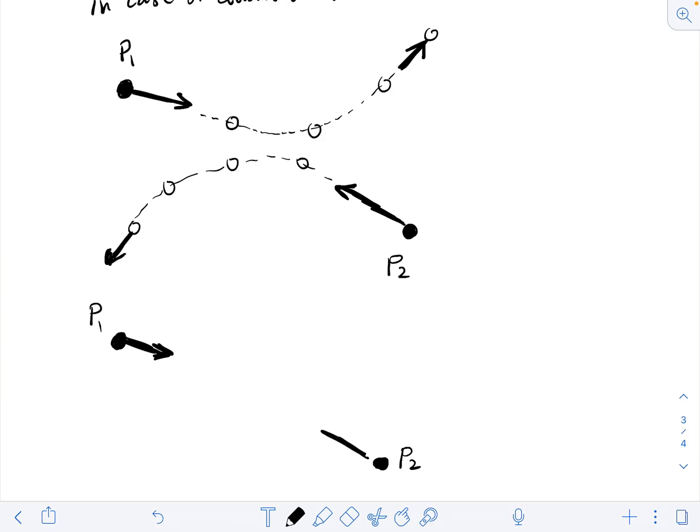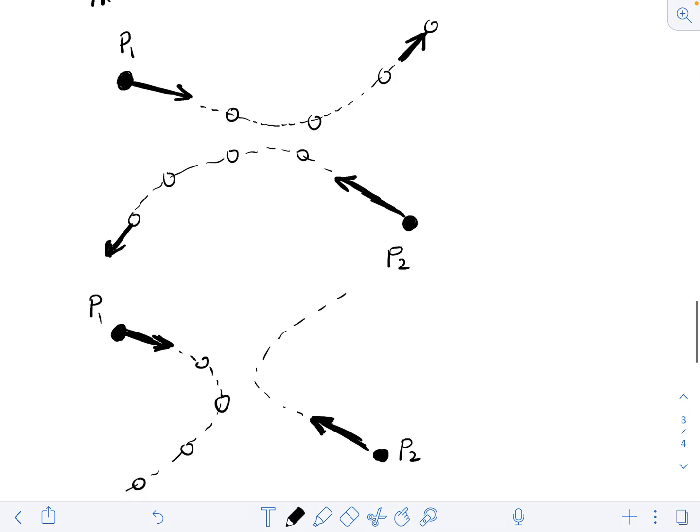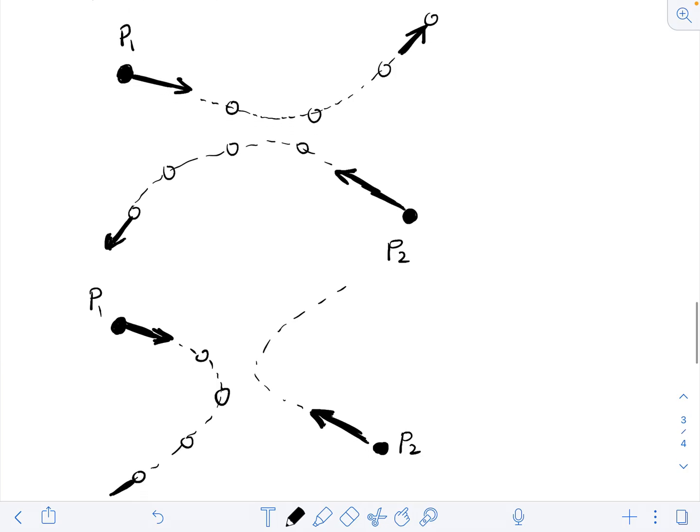There's going to be some kind of scattering event, but maybe this time they scatter off each other in a slightly different way. At different times, particle 1 follows this type of path and ends up over here, and particle 2 follows this kind of path and ends up over here.